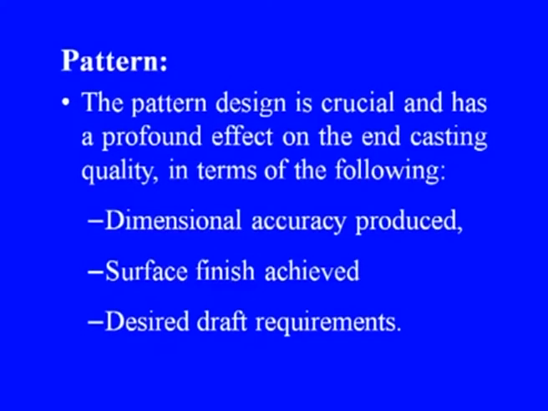Then the pattern. The pattern design is crucial and has a profound effect on the end casting quality in terms of the following. Number 1, dimensional accuracy produced. Number 2, surface finish achieved, and number 3, desired draft requirements. Now, let us see a little about optimum pattern design.